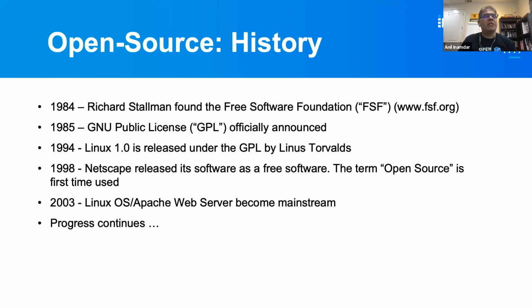Fast forward 10 years, in 1994, Linux 1.0 was released under GPL by Linus Torvalds. In 1998, Netscape released its browser as free software, and the term open source was used for the first time. In 2003, the Linux operating system and Apache web server became mainstream, and the progress continues.